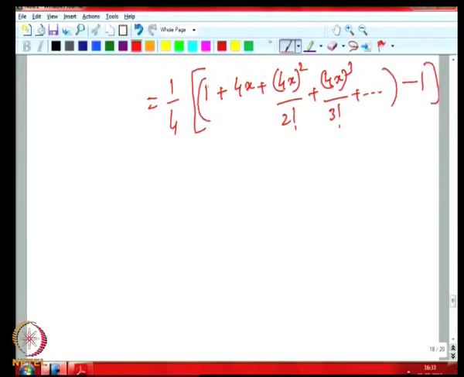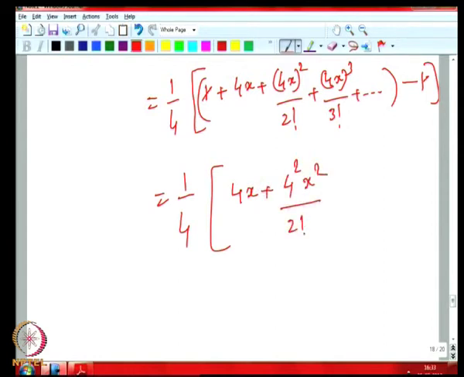So this 1 will cancel off, right. So we will get just 1 by 4 into 4x plus 4 square x square by 2 factorial plus 4 cube x cube by 3 factorial plus so on, right.